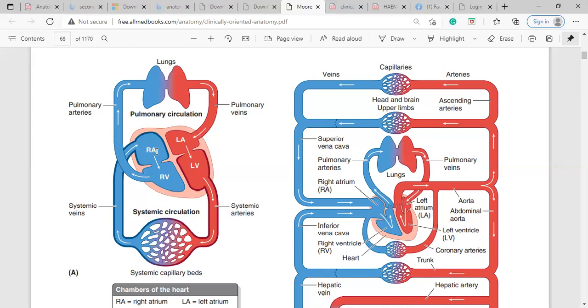So these capillaries are found in the tissues. For example, in my kidney, you will find capillaries there. In my lungs, you will find capillaries. In my spleen, you will find capillaries. In my liver, you will find almost all organs of my body contain tissues that have capillaries. So that is where exchange of nutrients and oxygen takes place.